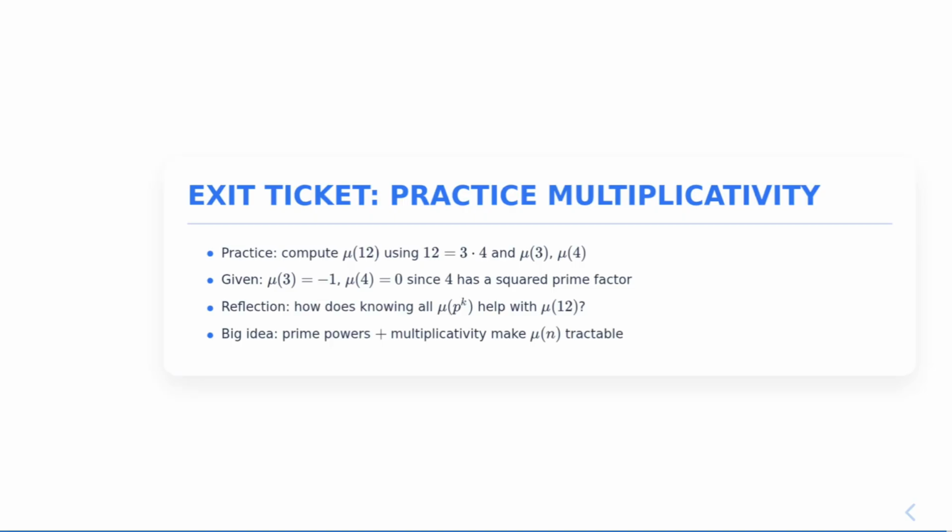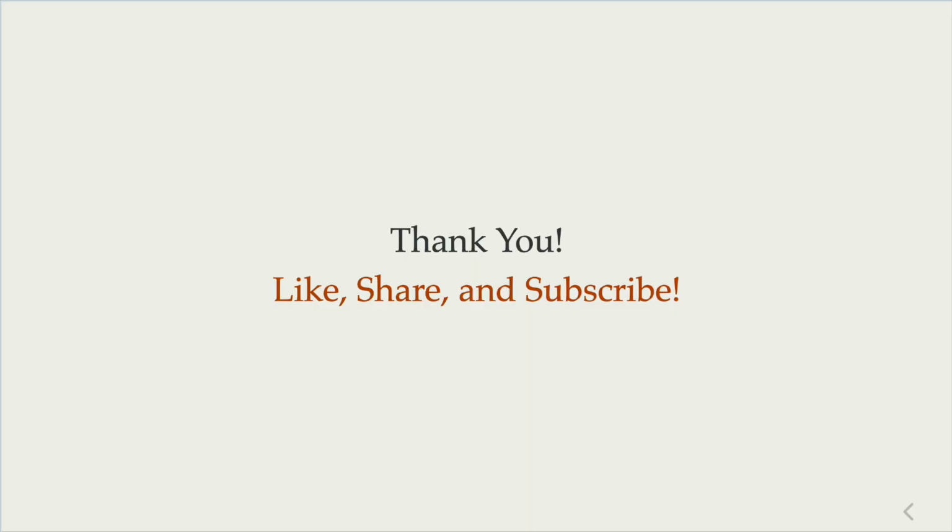That makes sense. 12 has a factor 4 that already forces mu to vanish, and I saw that just by using the prime power rule for 2 squared and then the multiplicative rule for 3 times 4. Exactly. Reflect on what you just used. Knowing mu for prime powers, plus the fact that mu is multiplicative on coprime factors, was enough to handle this composite number quickly.